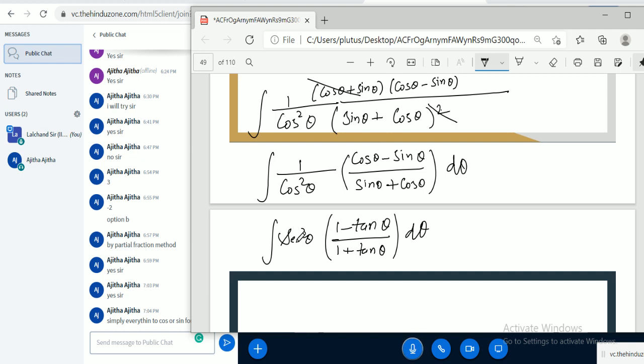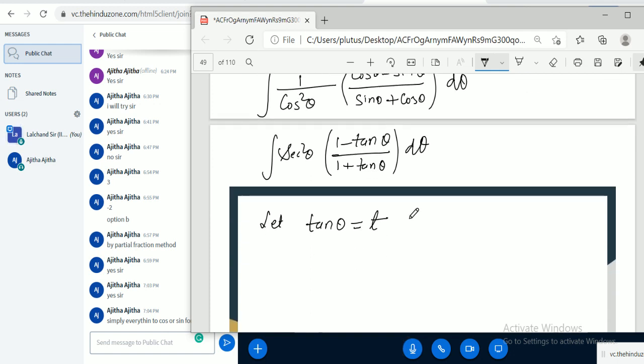So if we let tan theta equal to t, then we have finally sec square theta d theta equal to dt, isn't it? So this integral will transform into 1 minus t over 1 plus t into dt.